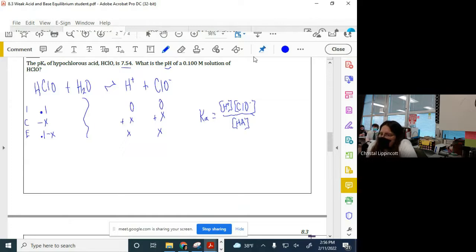So I can take 10 to the negative 7.54, and that's going to give me my Ka value. That makes sense? With your knowledge of logarithms.